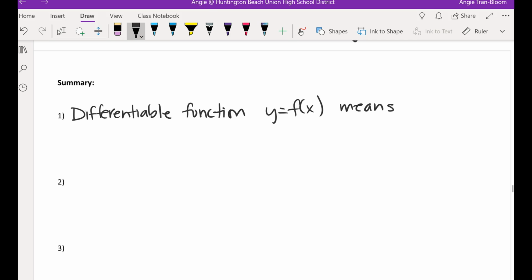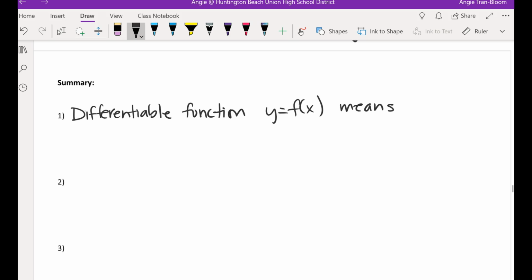What do you think it means? It has to be smooth, and it has to be continuous, and it has to have a slope at every single point, right? So can you have holes in there? No, there's no discontinuity in differentiable, so make sure you're very careful.